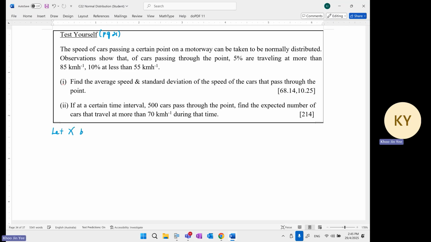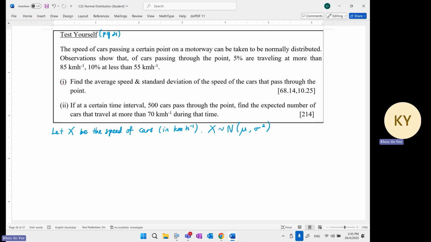Let x be the random variable denoting the speed of cars in kilometers per hour. So x follows a normal distribution. I don't know the mean, I don't know the variance. So I have to standardize later.